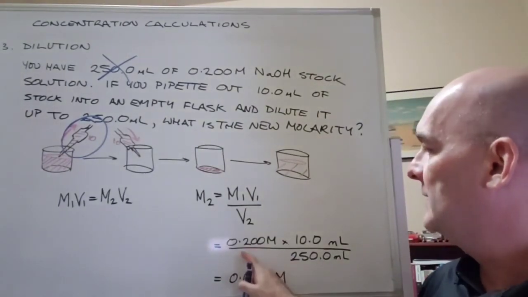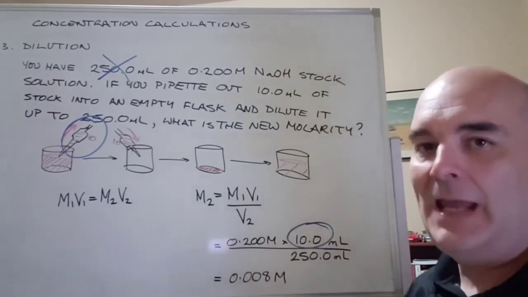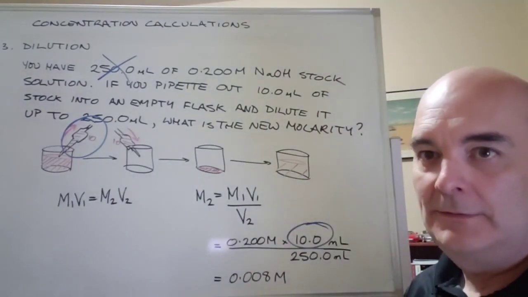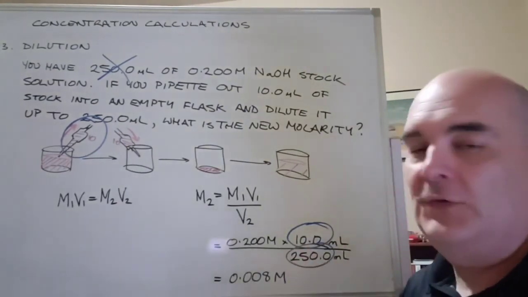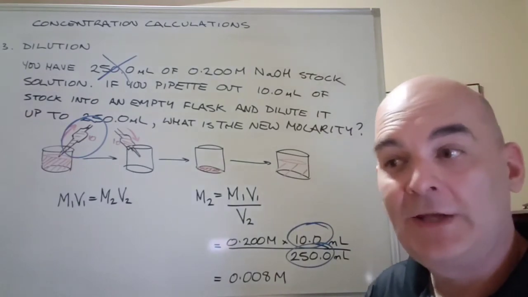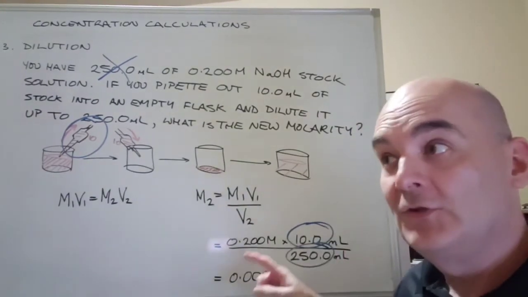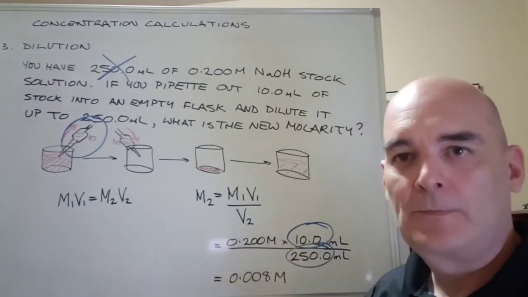So there's my molarity that I started with of the stock solution. That's my 10, the volume that I started with. There's my 250, the volume that I finished with. Now, in some calculations, it's important to turn milliliters into liters.